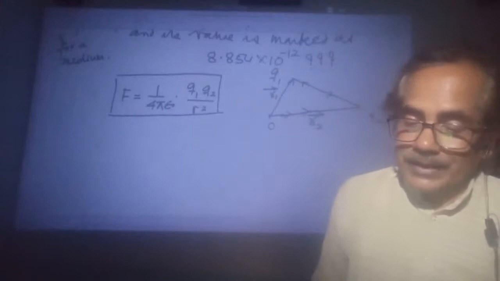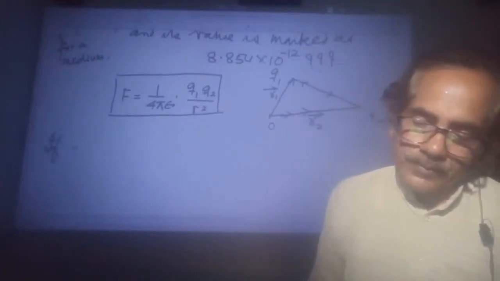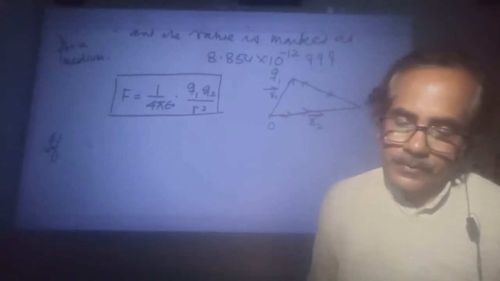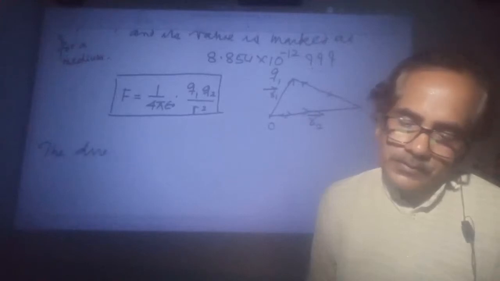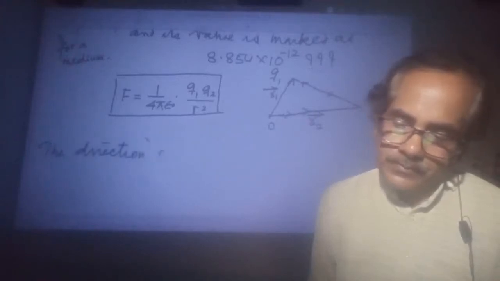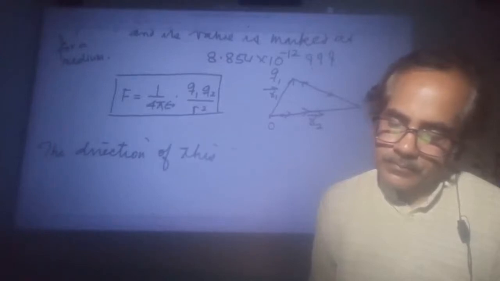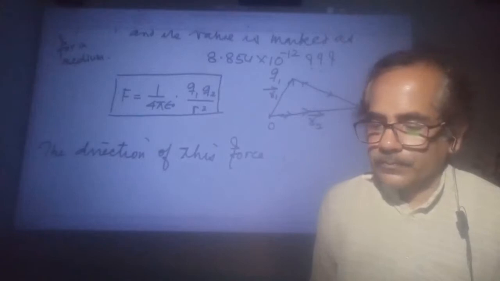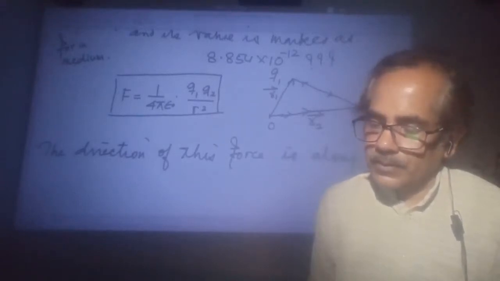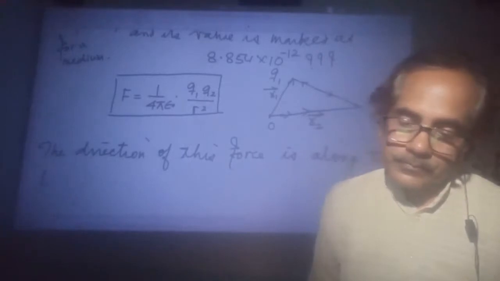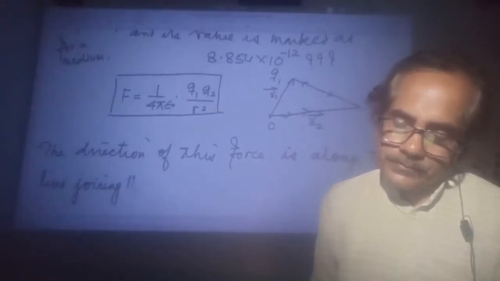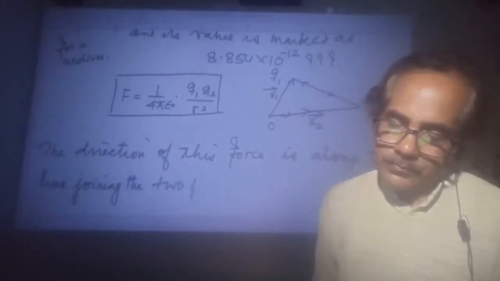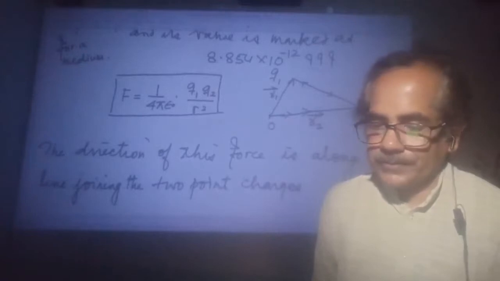R along the line, since the direction of this force is along the line joining the two point charges.